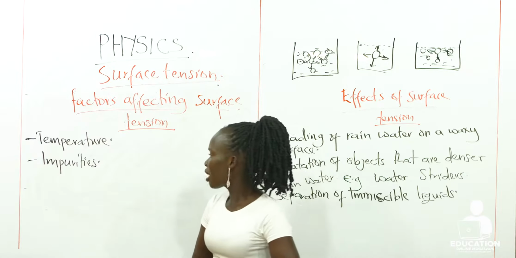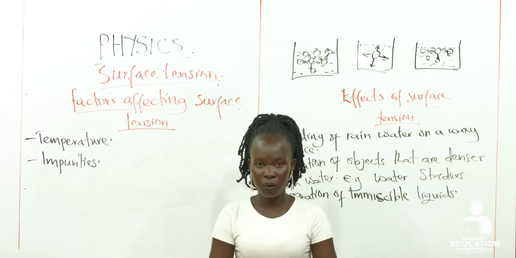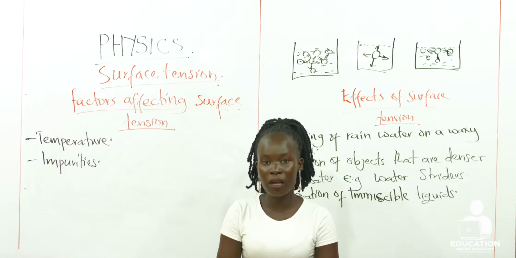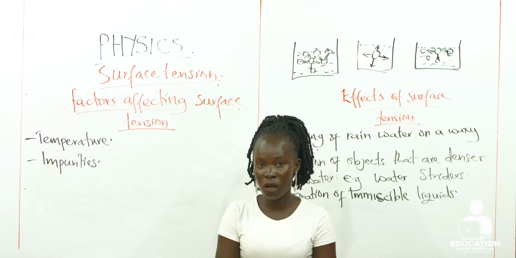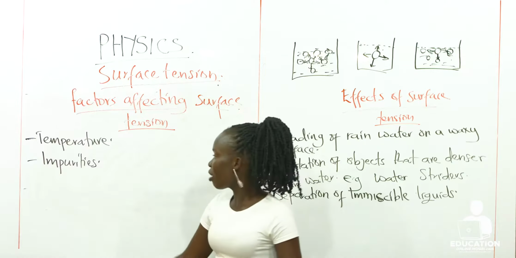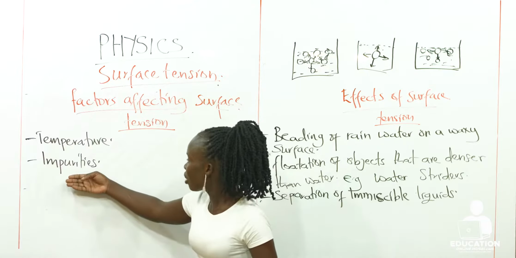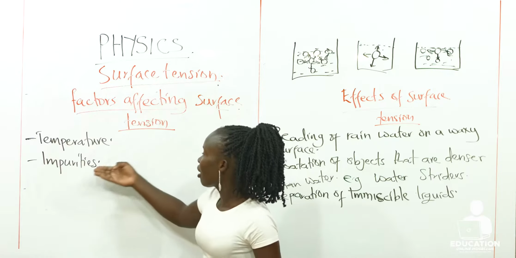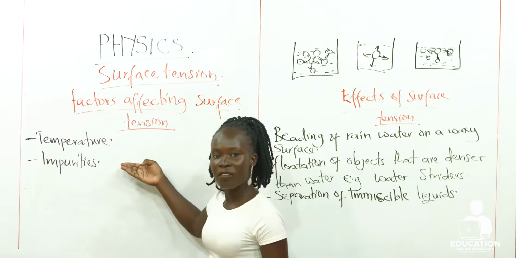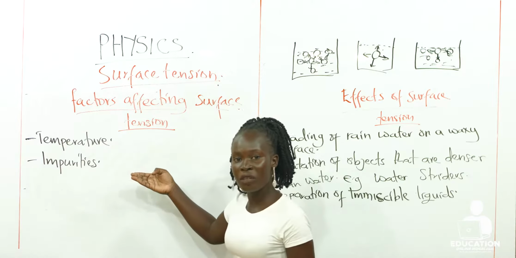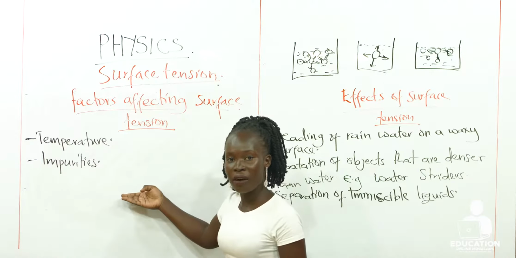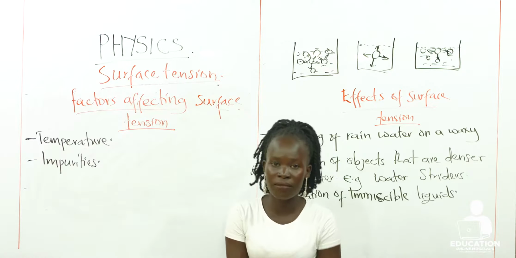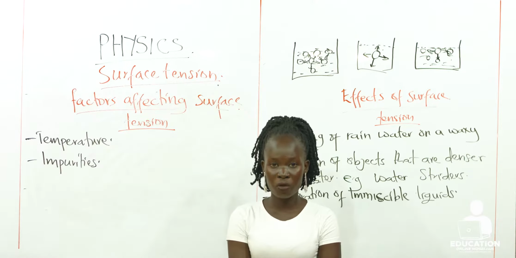When it is very soluble, when the solubility level is really high, like sodium chloride, which is our common salt, instead of reducing the surface tension, it will increase it, because the level of contamination there is a bit lower compared to other impurities, like we can talk about the powdered soap.